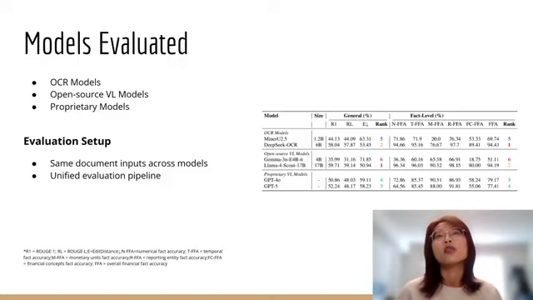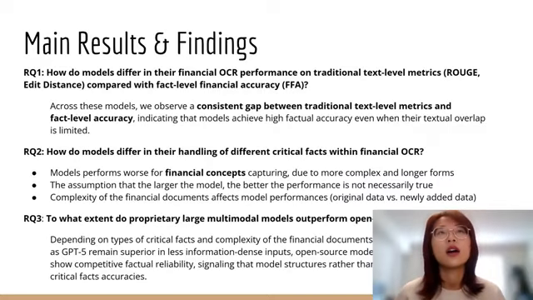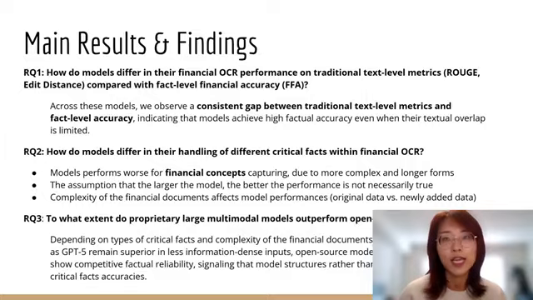While the general domain metric is pretty low, the fact level accuracy is sometimes 20-30% higher than the traditional metric. So here we can see that the models can actually achieve high factual accuracy even when their textual overlap is limited under complex financial document settings.